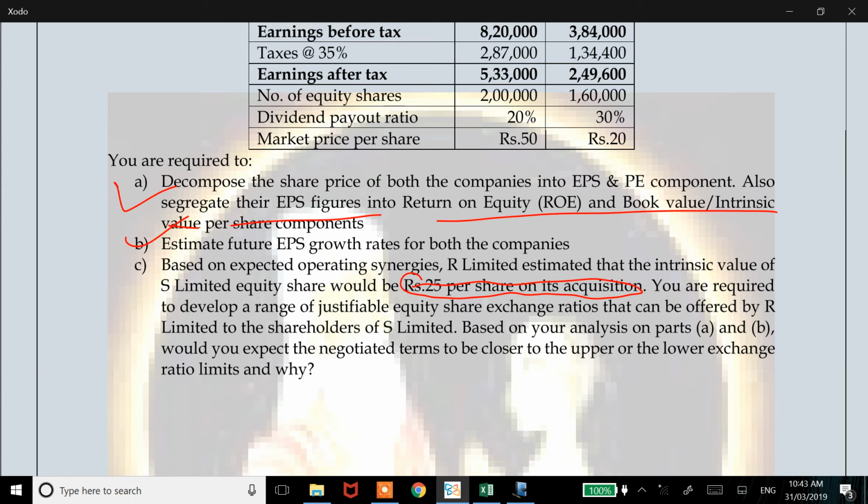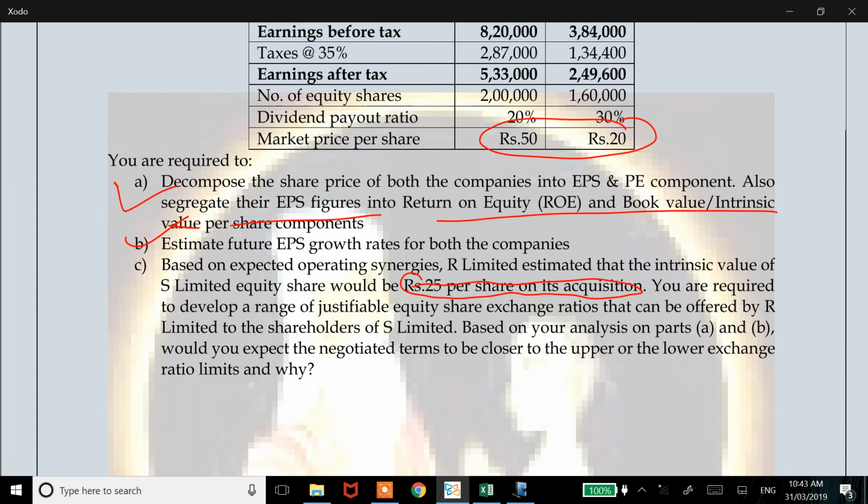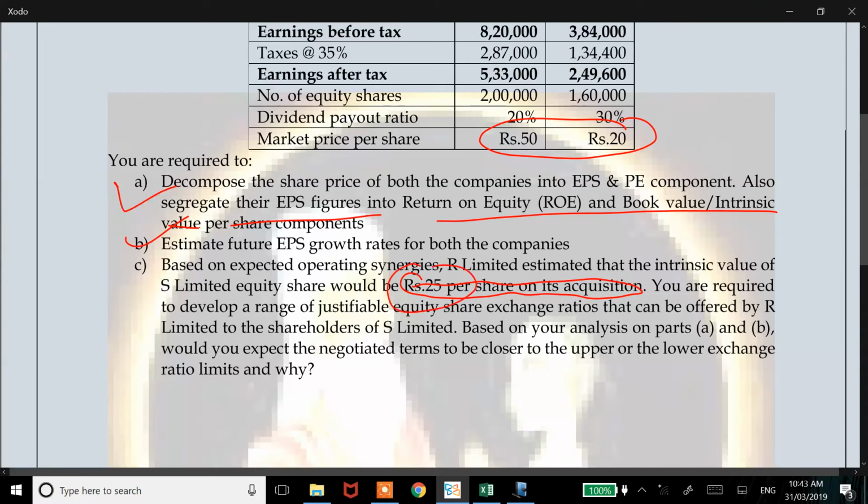It can happen on the basis of EPS, MPS, growth rates, or intrinsic values. In this question, Institute has taken one basis as this, 50:20, that's the base value. You will swap and get the answer. The second is based on the intrinsic value, which is 25.